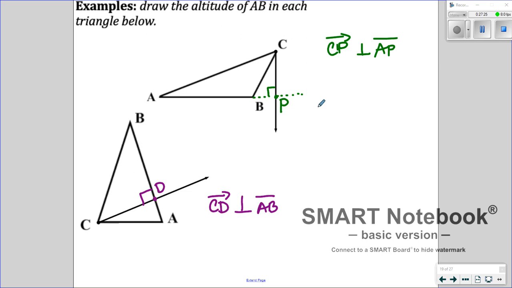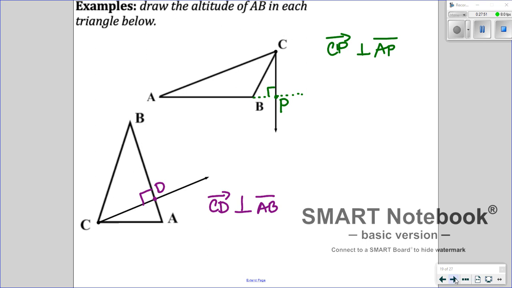So that's all. When it comes to altitude, if you have a triangle like this that is tilted, all you have to do is start from the vertex and draw a line straight, just vertical, and extend the base where the two lines meet. It will be perpendicular, and then you have what you need. You have your altitude.